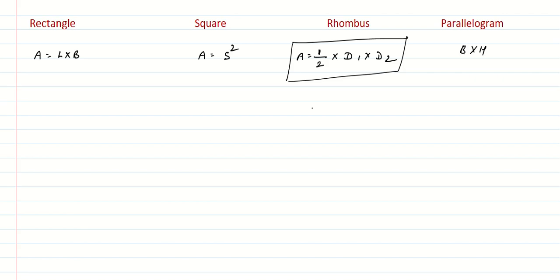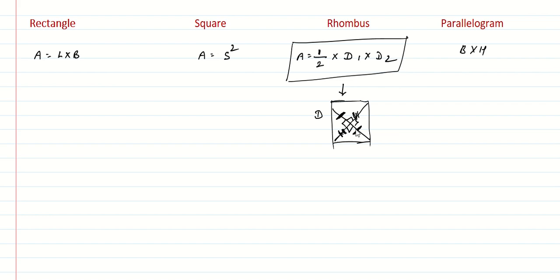There is one property of rhombus, just keep in mind, that the diagonals bisect each other, always at 90 degrees. Bisect, not intersect, which means this should be equal and this should also be equal.